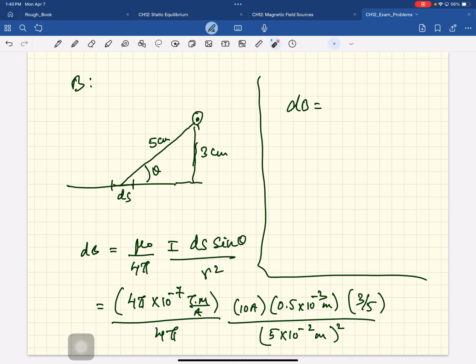The 4 pi cancels, 10 to the minus 4, so you get 10 to the minus 6 Tesla, and then what is left? 10 times 0.5 times 3/5, divided by 5 squared, which is 25.